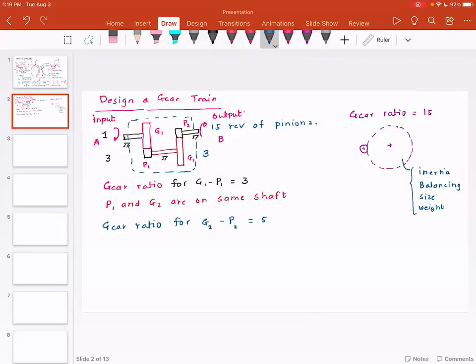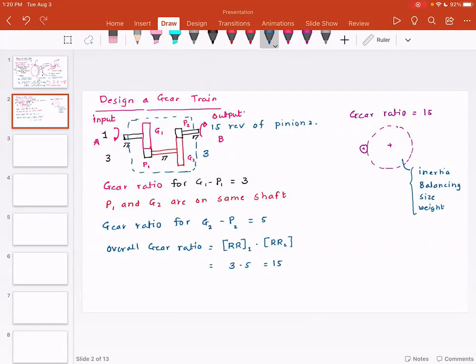And as you can see, the overall gear ratio is gear ratio 1, or I would call RR1, multiplied by RR2. So 3 times 5, the overall reduction ratio is 15.